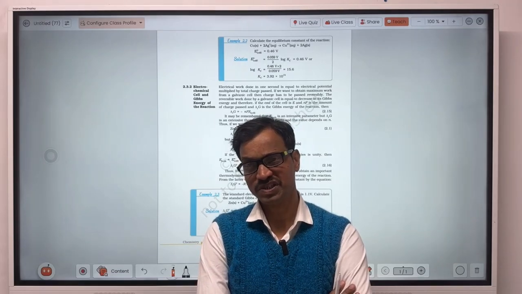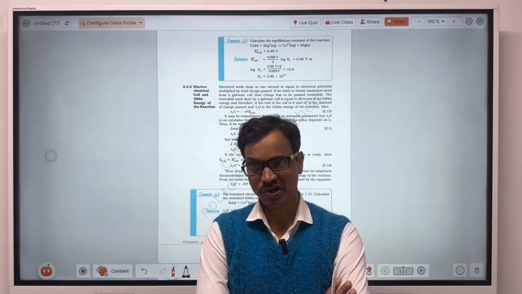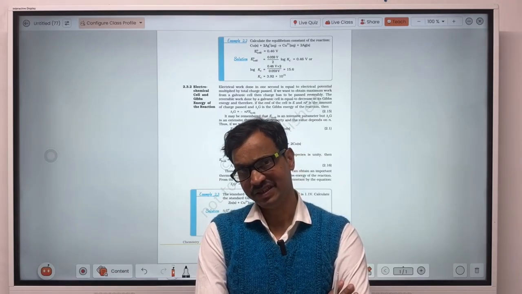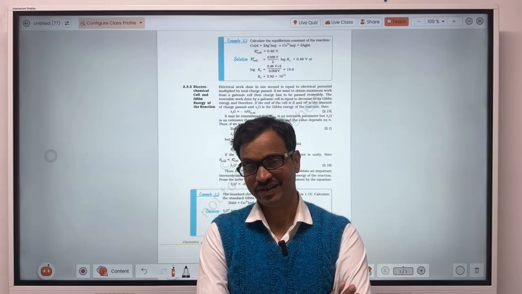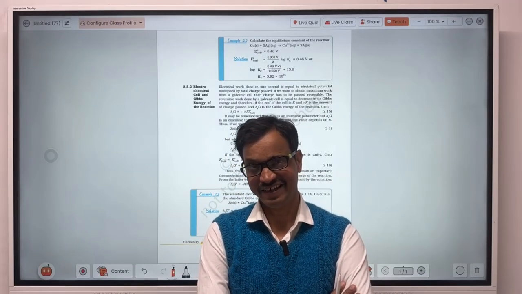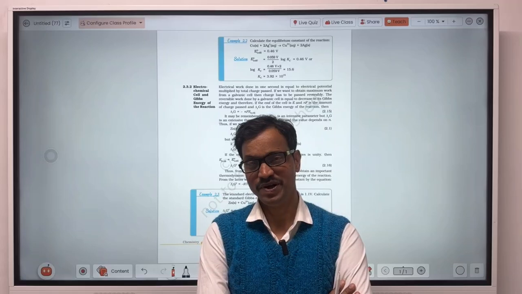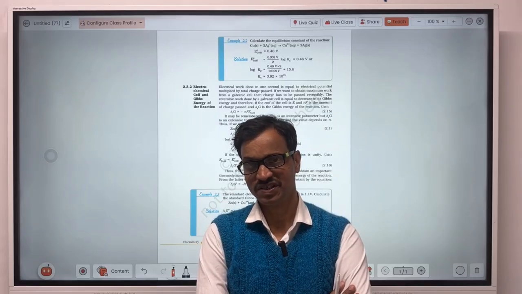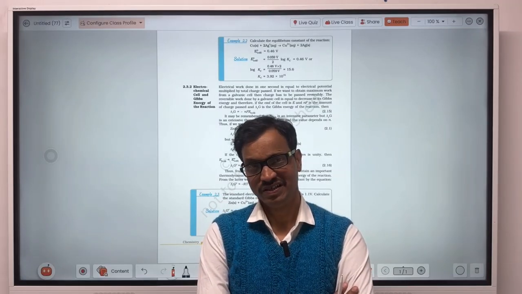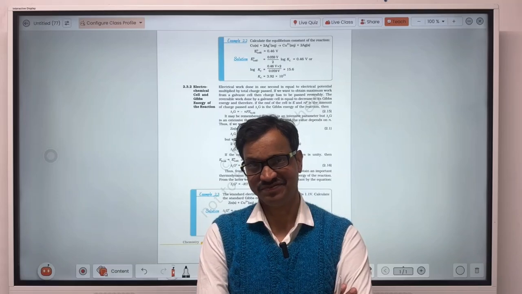So during that process, what happens? The water pump does the work, consumes electricity, and hence there is movement of water from the surface of the earth to the water tank.